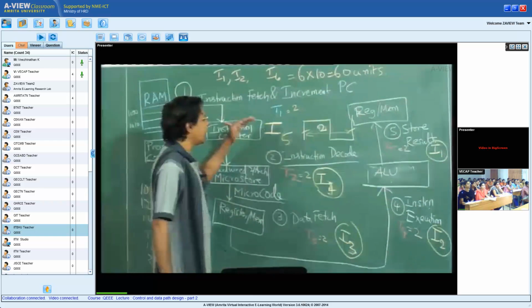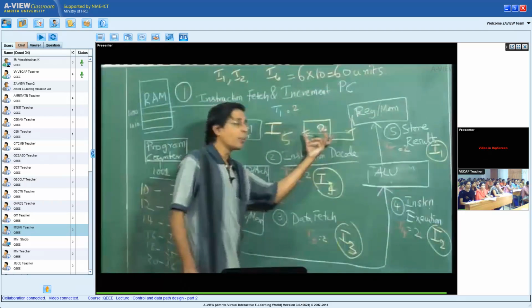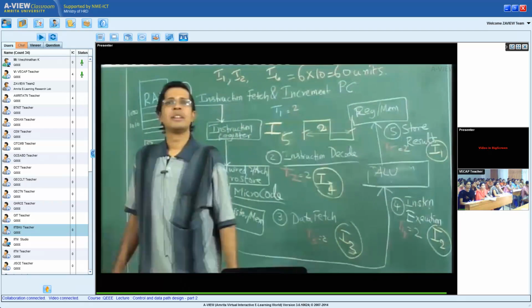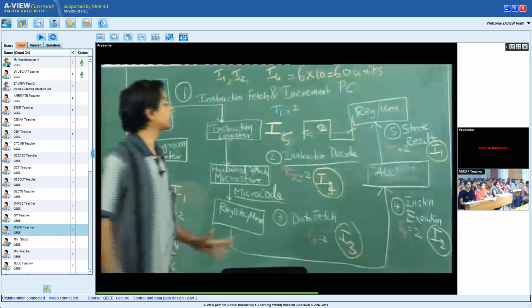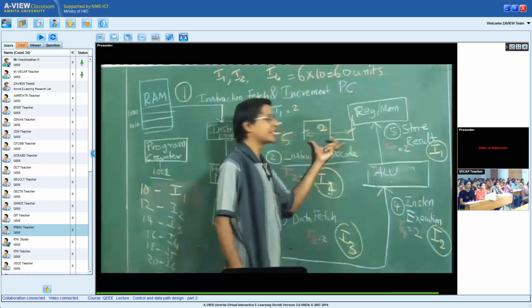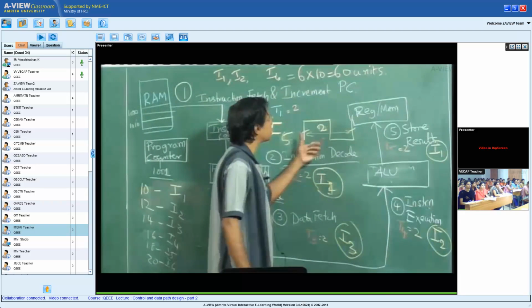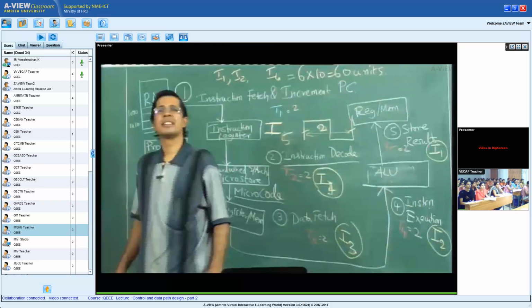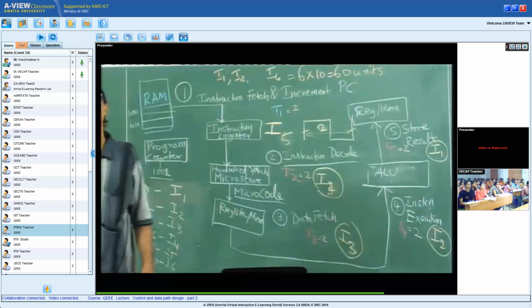Right? So essentially the frequency of your clock becomes 5 times. It was 10 units in a single cycle execution. Now it becomes 2 units in the pipelined execution.